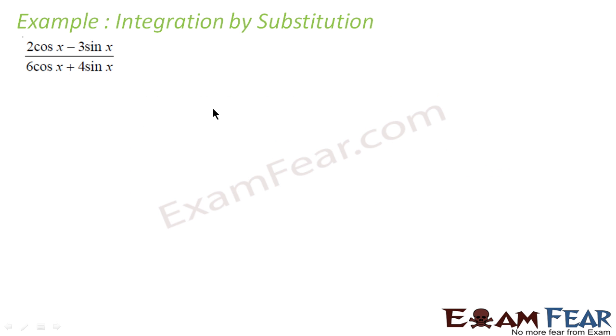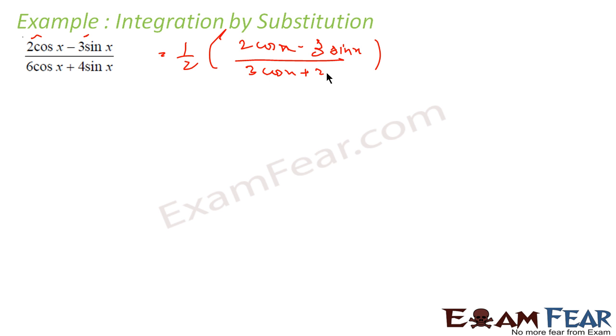Let's take one more example. This is a little simple question. If you see here, we have 2 cos x minus 3 sin x, right? If you take 2 common here, this becomes 1 by 2 into 2 cos x minus 3 sin x by 3 cos x plus 2 sin x.